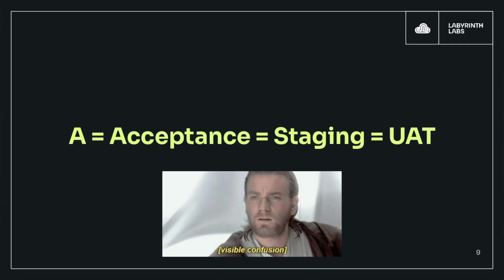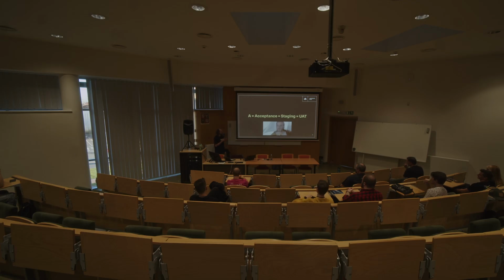There is also another environment, which is called acceptance or staging or UAT. UAT is a user acceptance test. And this might be a bit confusing. It might look more like a testing environment, but in this environment we focus more on the business requirements, which must be fulfilled, not on bugs and so on.